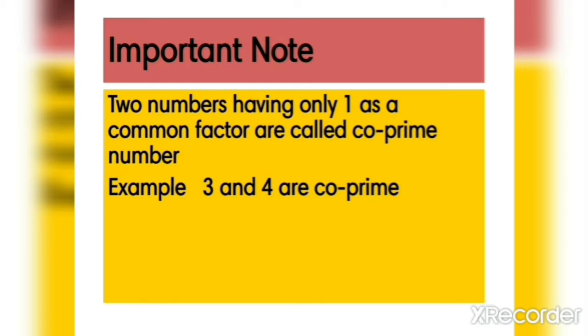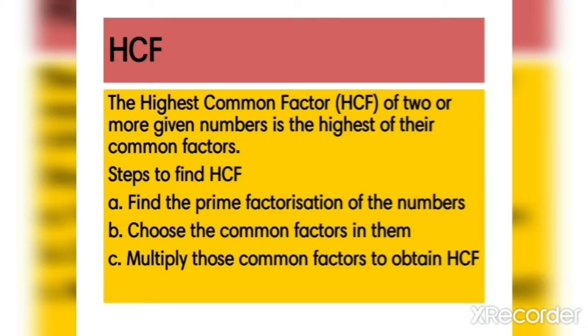After learning about factorization and prime factorization of a number, now we will learn about HCF and LCM. HCF, that is highest common factor, and LCM, that is least common multiple. Next point to learn is HCF.